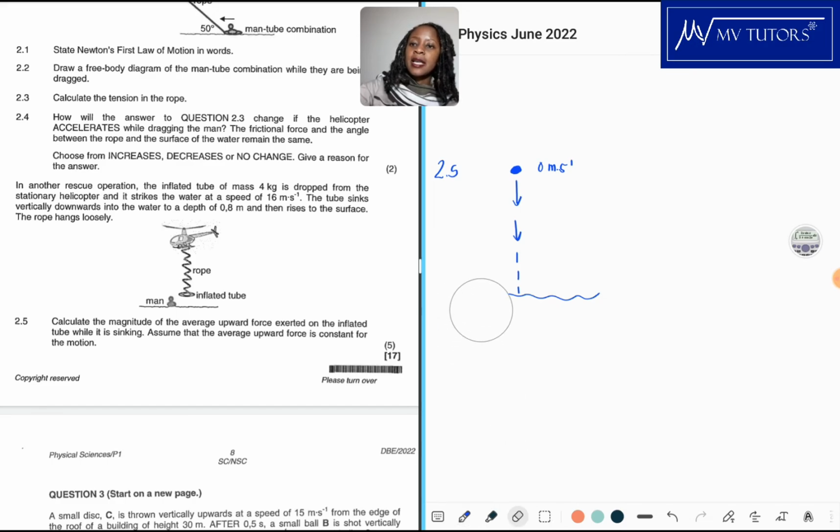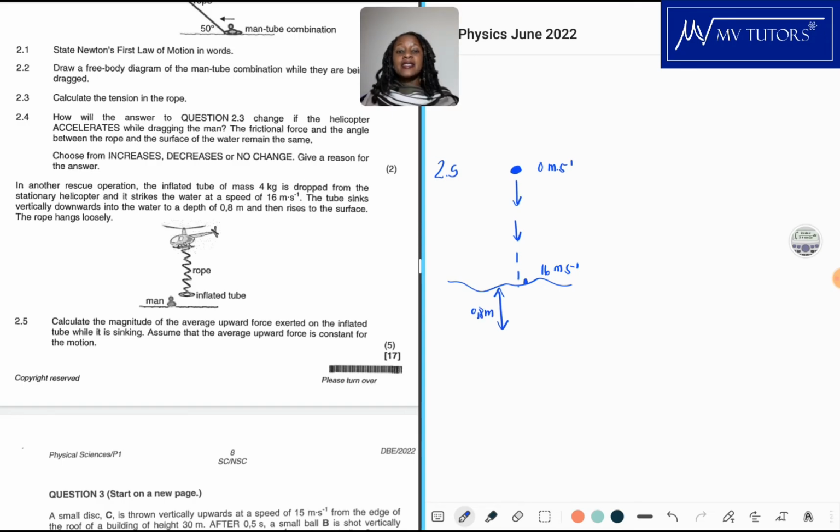And then now we have the water there. So once it got to the surface of the water, they said that the speed was 16 meters per second. And then it went under the water for a depth of 0.8 meters.